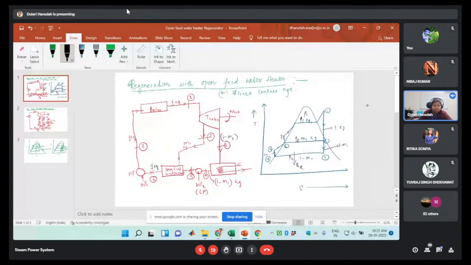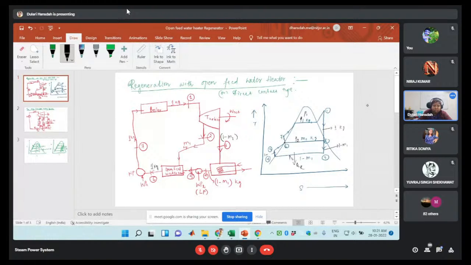The condensate formed at the outlet is achieved in such a way that, if you are observing, it is a dry saturated liquid. So we are considering the mixing process in the heater, which will give you the dry saturated liquid. Then there will be the pumping process, that is the 6 to 7 process. Here a high pressure pump will be used.